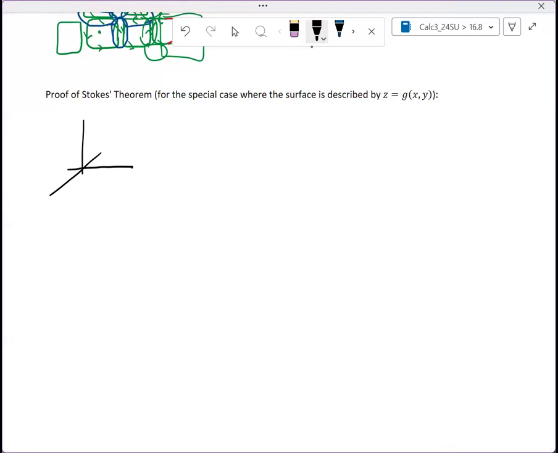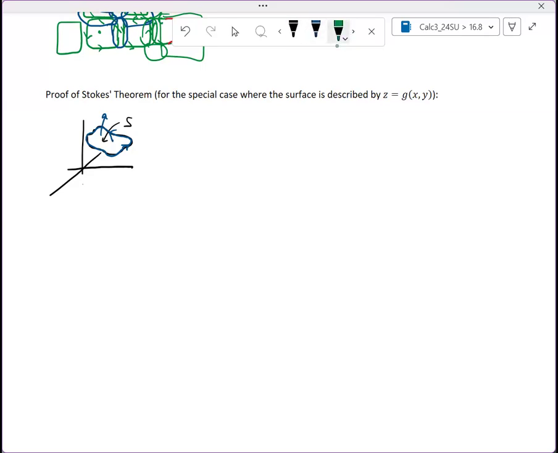So here we have some surface, and it has a boundary curve. Our surface is oriented upward, so its normals point up. It has a boundary curve that's oriented this way.